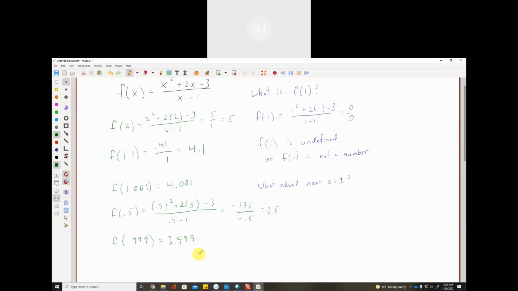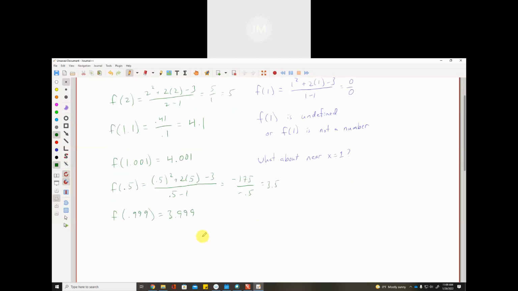Okay, well, that's interesting. Do I see a pattern here, right? It looks like when I'm getting closer and closer to 1, 5, 4.1, 4.001, closer from the other direction, 3.5, 3.999, it looks like we're getting closer and closer to 4.